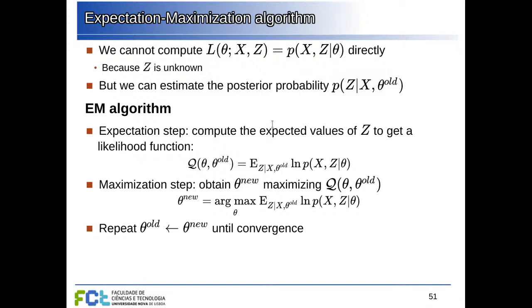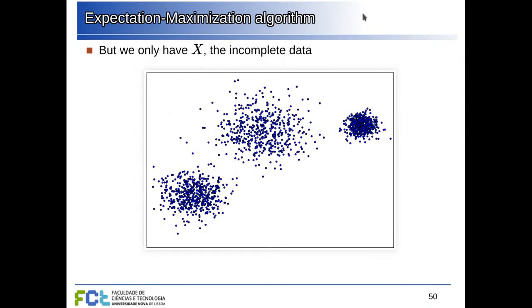But we can try to estimate the posterior probability of Z if we have some guess for the parameters and X. Suppose in k-means the parameters of our model are the positions of the centroids.